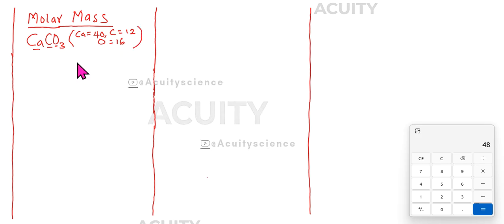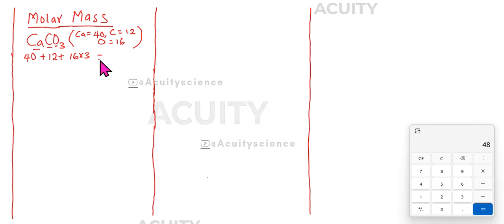Now, if I want to use these values to calculate the mass of this compound, for calcium I will just take 40. I'll add that to carbon, which is 12. Now we have 3 oxygens, so I could say 16 plus 16 plus 16, and that is the same as 16 times 3 added to this.